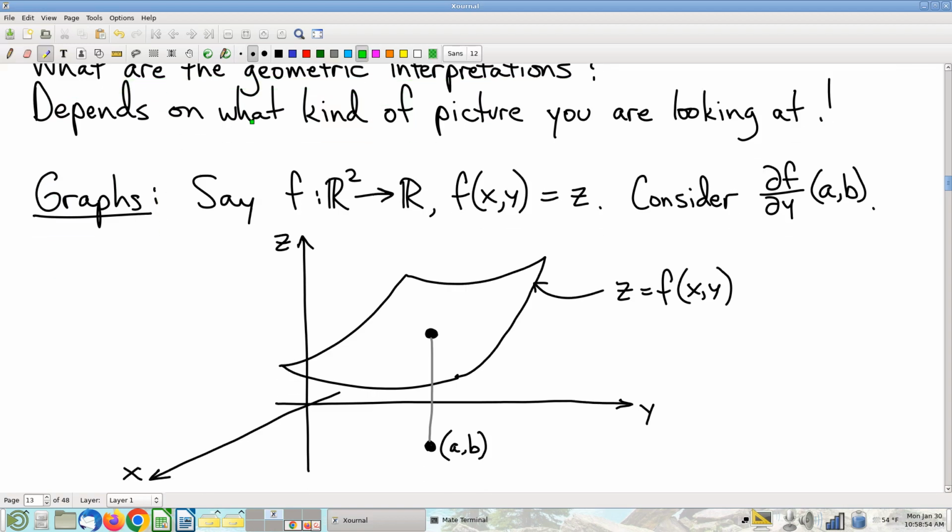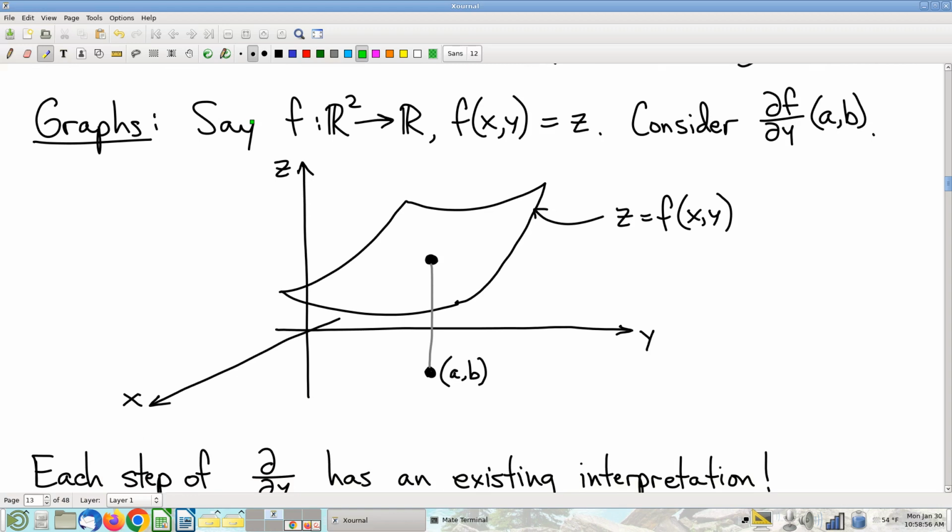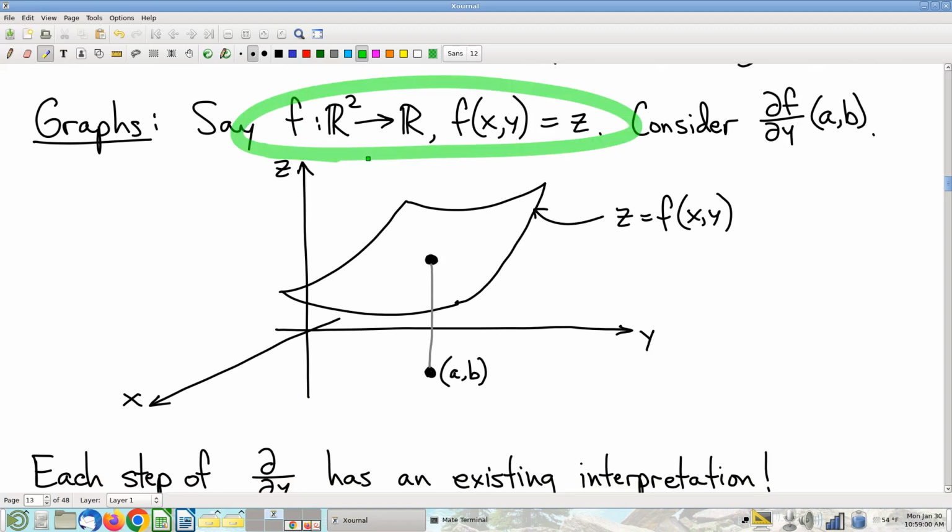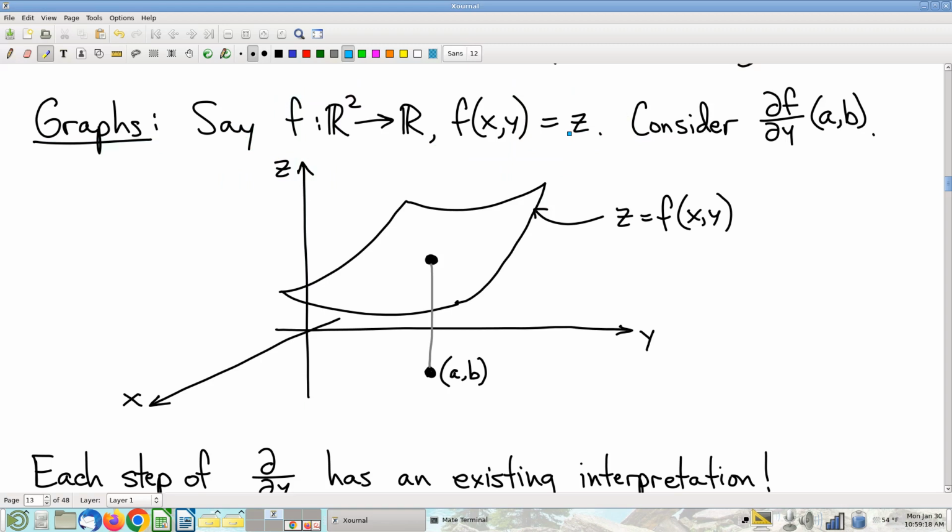Okay, so here's our scenario. We've got a function of two variables. You can see that I'm looking at a graph because I've set the value of the function equal to a third variable. Looking at a graph of a function of two variables, so a surface in 3-space. And let's focus on a particular point on this graph.